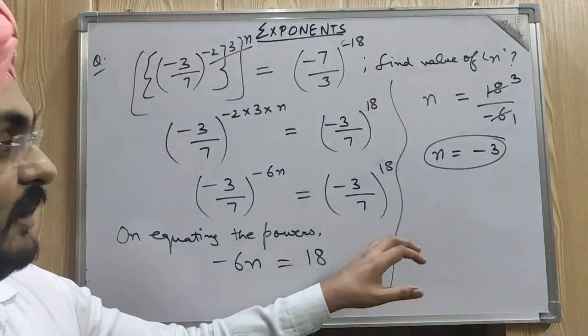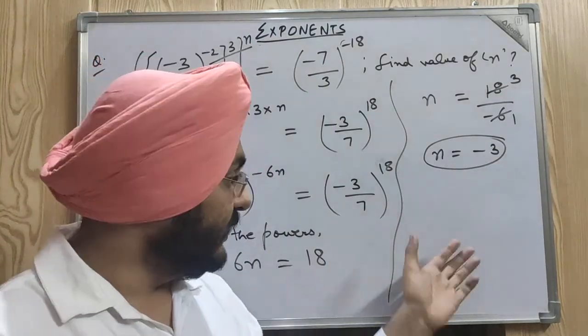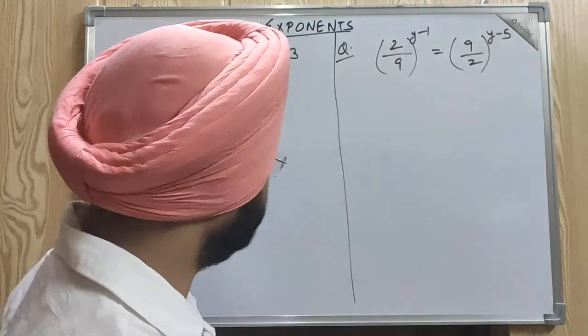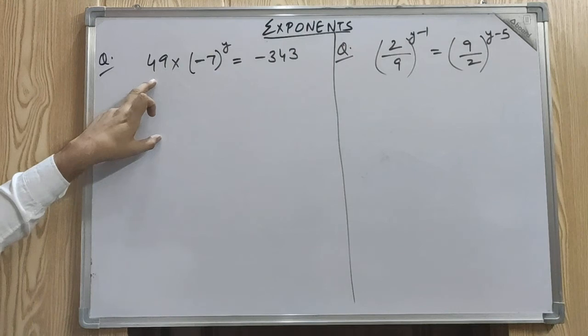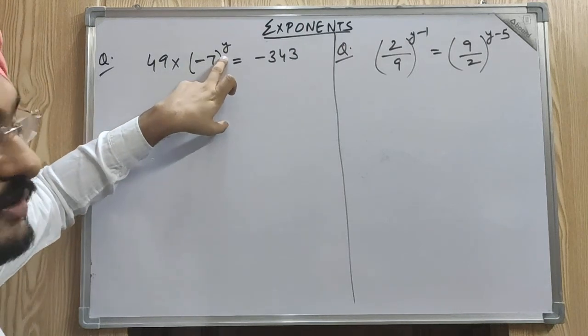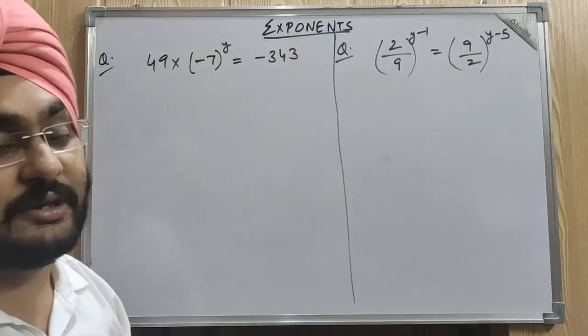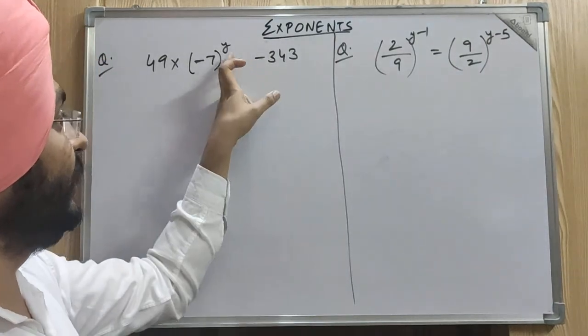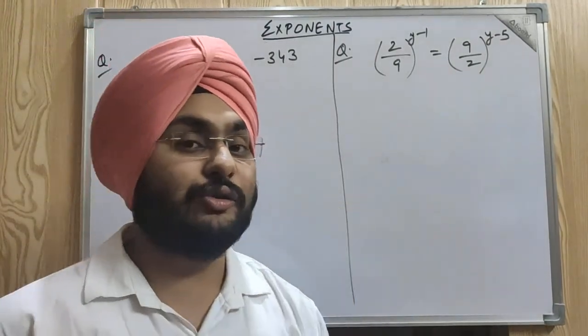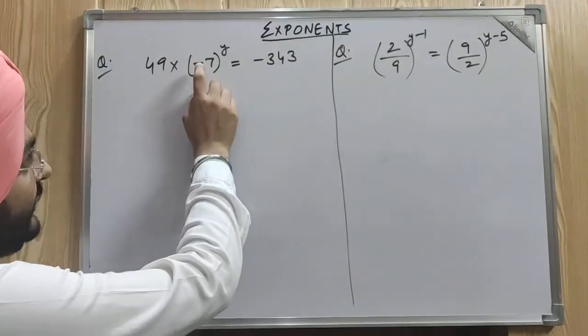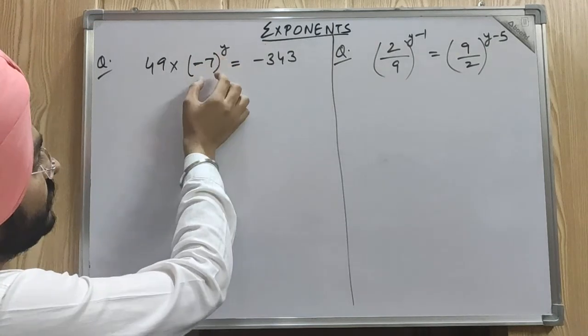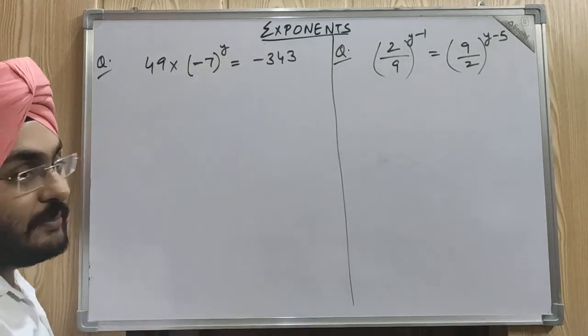So we'll be doing again a same type of question in the next. Our next question is like in this way. He's saying 49 into minus 7 raised to the power y is equal to minus 343. From here we have to find the value of this y here. So now how to solve this type of question? See here, the variable base is minus 7.